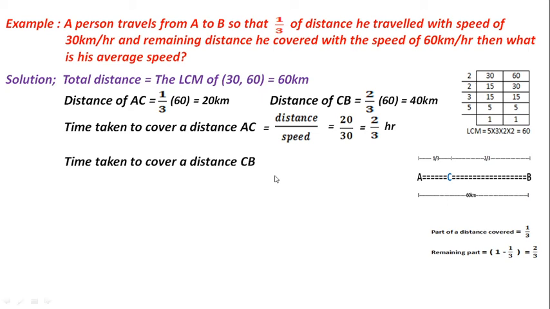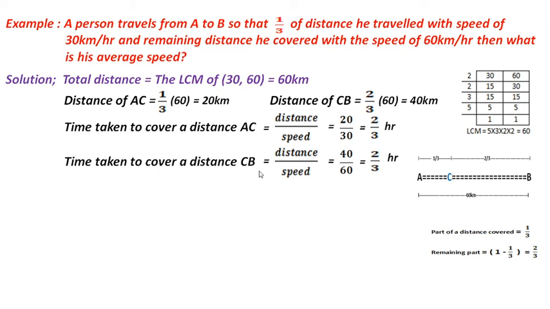Similarly, the time taken to cover the distance CB is also distance divided by speed. The distance CB is 40 km, and the speed is 60 km/h. So 40 divided by 60 gives again 2 by 3 hours.